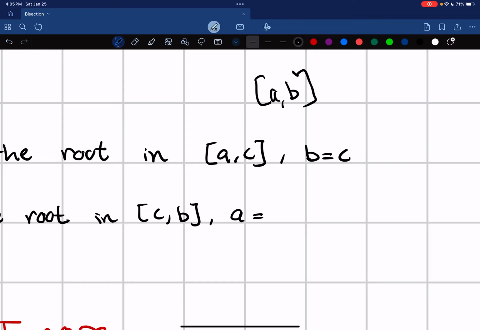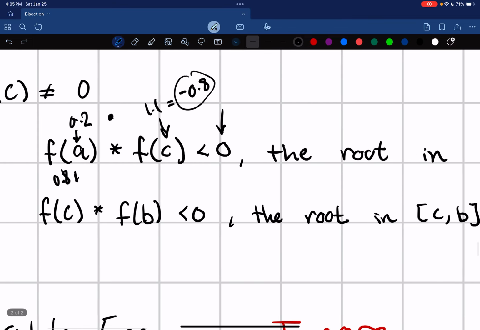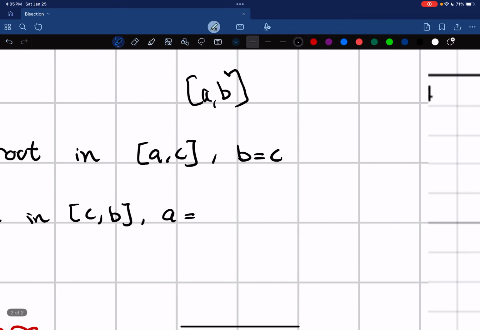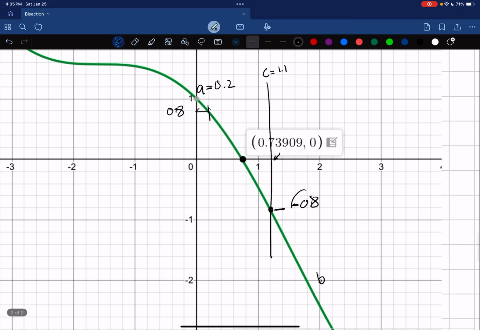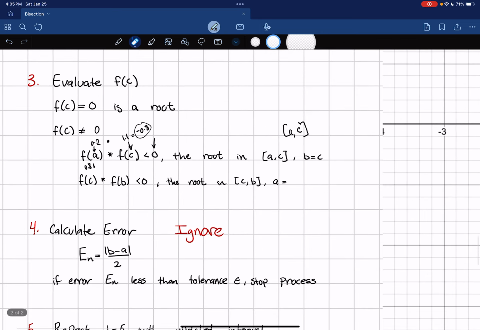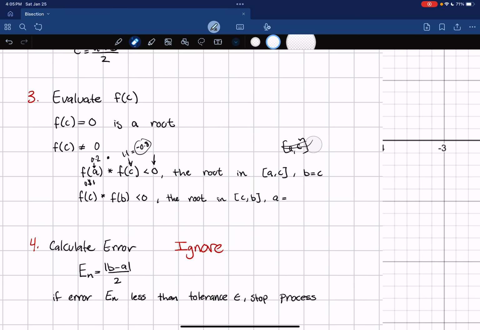If I do the function at A times the function at C, and it's less than 0, I switch my B with the new C. Remember, if this happens, where it's negative, my B now becomes here. And then I redo the calculations all over again. All right? So that's this step.